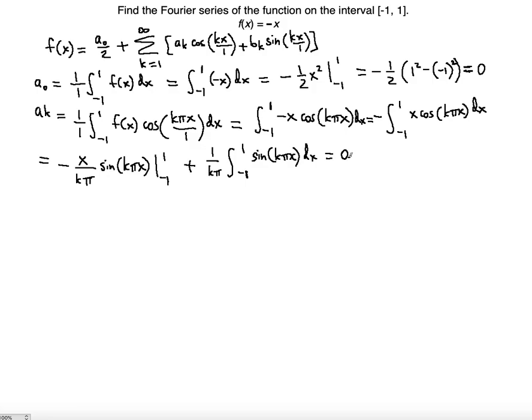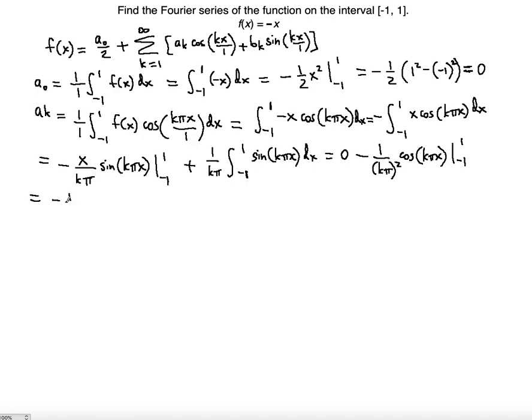So we're going to have 0, and then for this part, you don't have to use integration by parts anymore, but you should get this: minus 1 over k pi squared cosine of k pi x from -1 to 1. I'm going to help you evaluate the second part here.